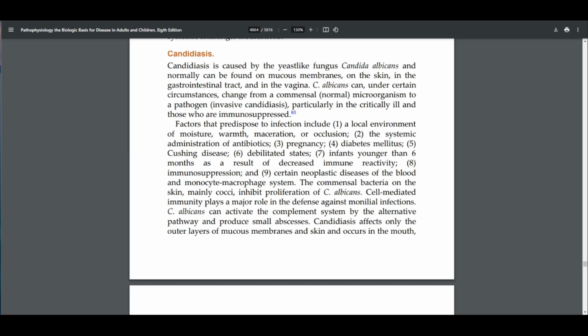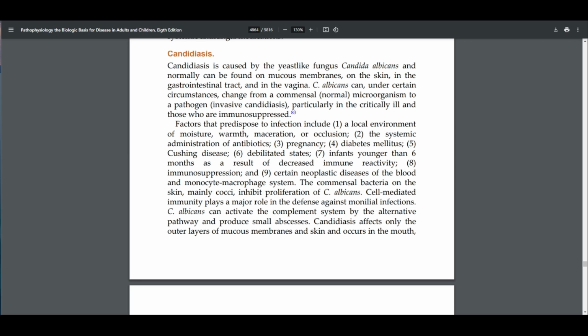Factors that predispose to infection include a local environment of moisture, warmth, maceration, or occlusion, the systemic administration of antibiotics, pregnancy, diabetes, Cushing disease, debilitated states, infants younger than 6 months as a result of decreased immune reactivity, immunosuppression, and certain neoplastic diseases of the blood and monocyte macrophage system.